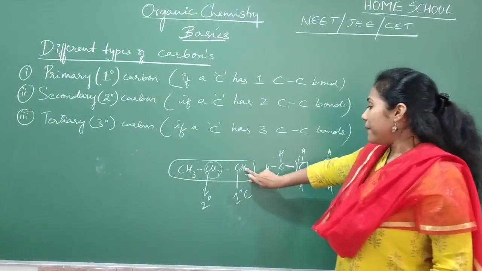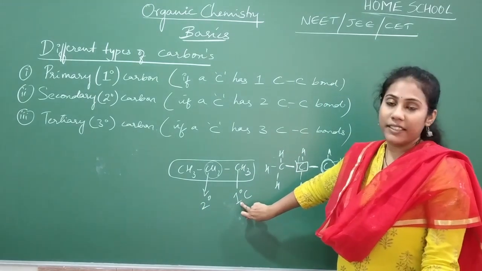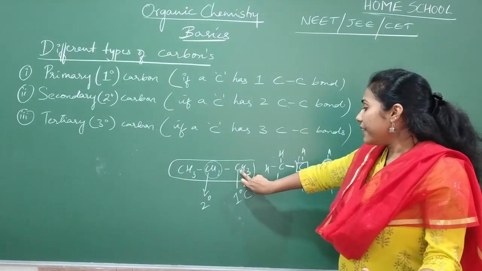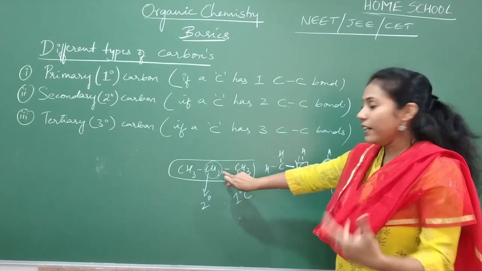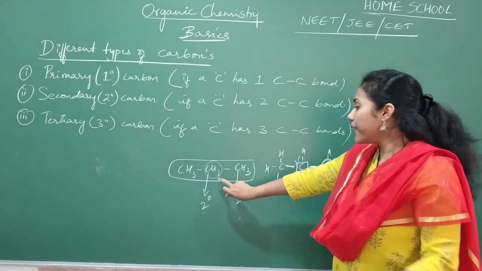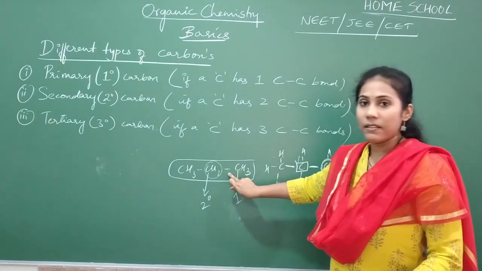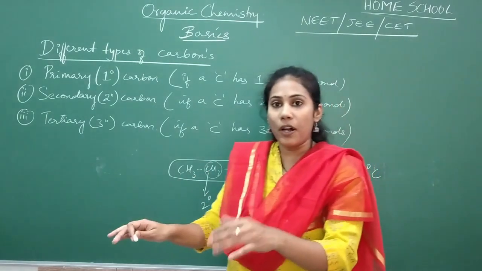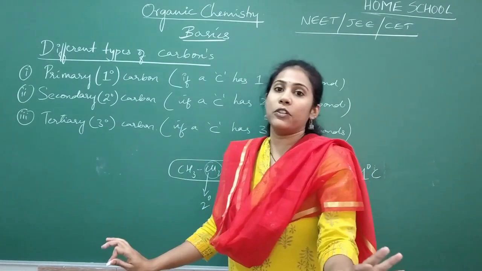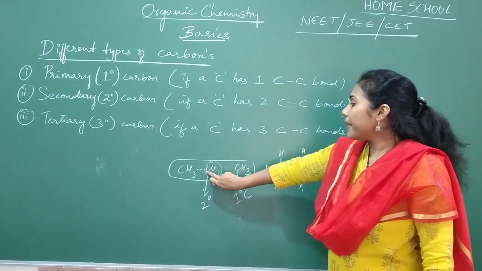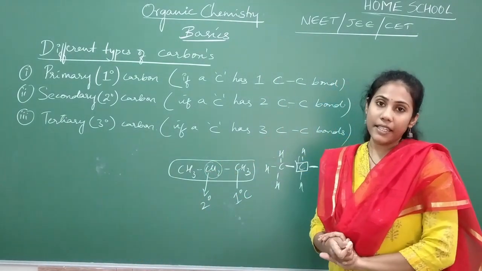Primary means 1 degree, like this we will write. Just think that 1 means a carbon having 1 C-C bond. 2 means this particular carbon has 2 C-C bonds, so among its 4 bonds, 2 bonds are with carbon only. Such a carbon we call a secondary carbon.